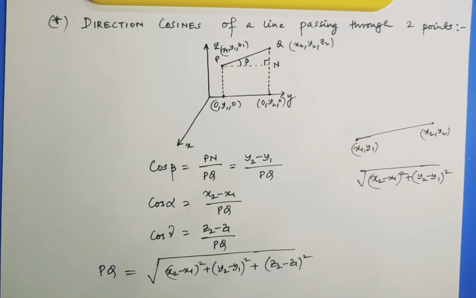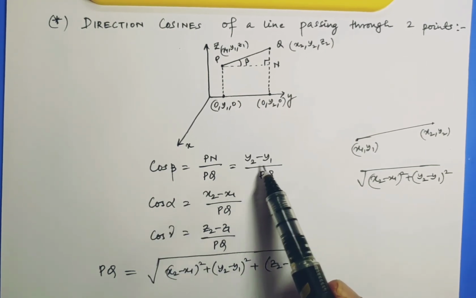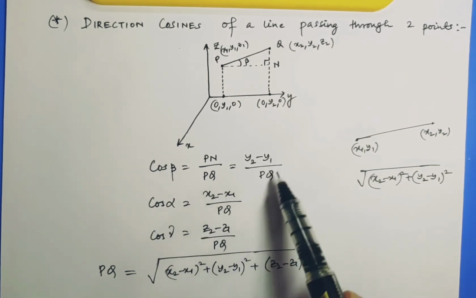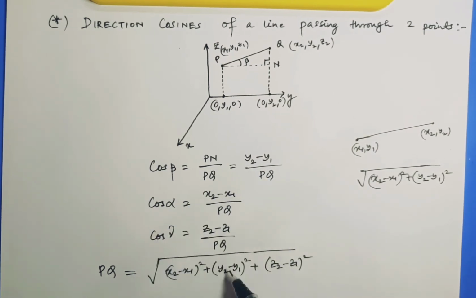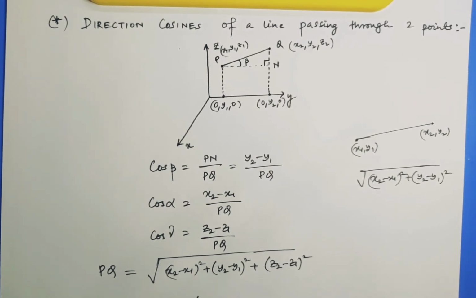Now there is one very important thing. What are the direction ratios of a line passing through 2 points? Now direction cosine is what? y2 minus y1 divided by PQ, right? This is what direction cosines are. Now if they ask you what are direction ratios? Direction ratios will be nothing but x2 minus x1, y2 minus y1 and z2 minus z1.